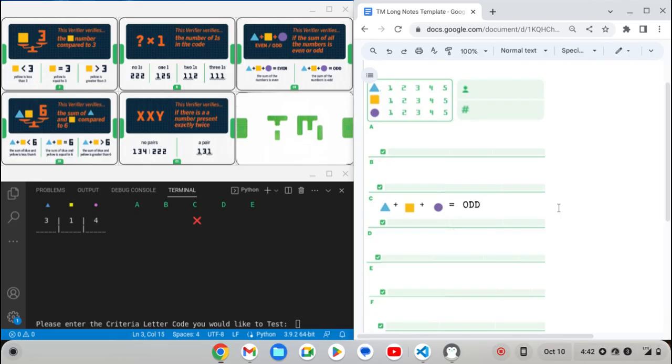So one possibility is you have a solution that's all odd, and the other case is where you have 2 evens and an odd. And in both, you'll get a sum total of odd. All right, that said, let's go ahead and test criteria card E.